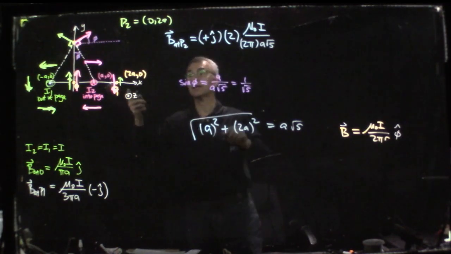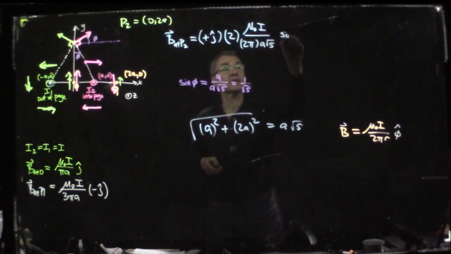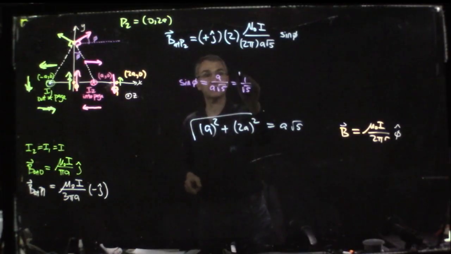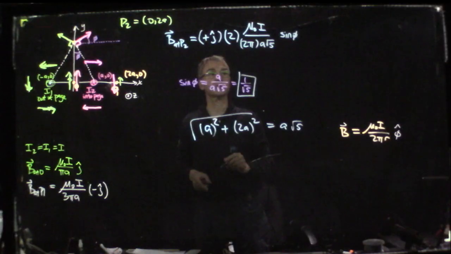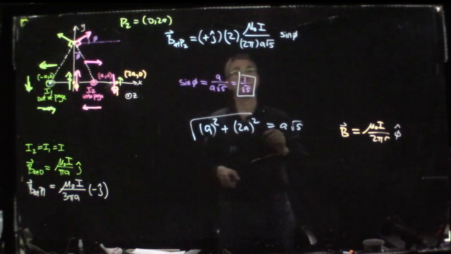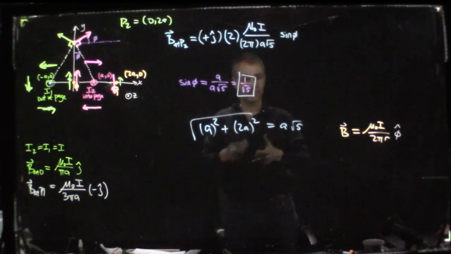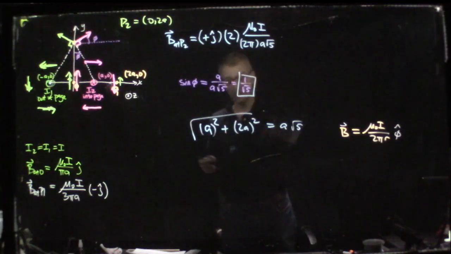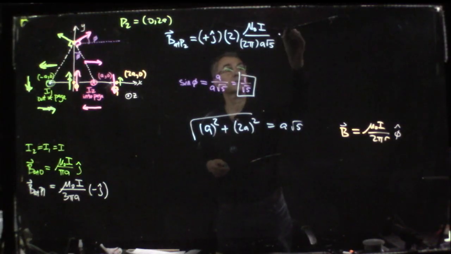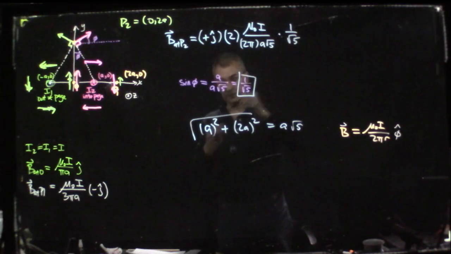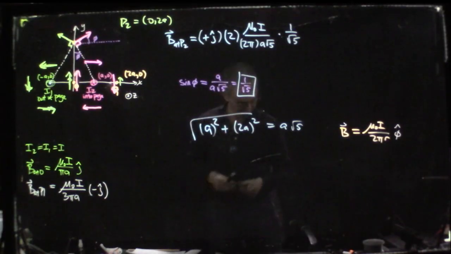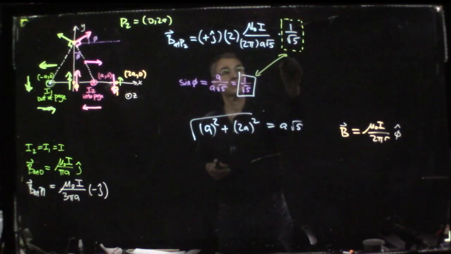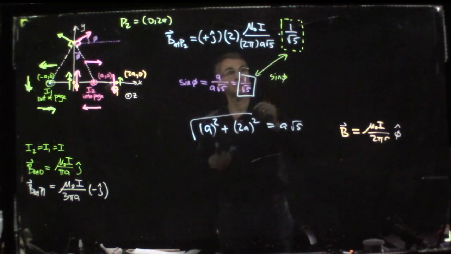And now we want to multiply by the sine of this angle phi. And the sine of that angle phi is 1 over root 5. So I'll just erase that and write 1 over root 5. So that factor corresponds to the sine of phi.